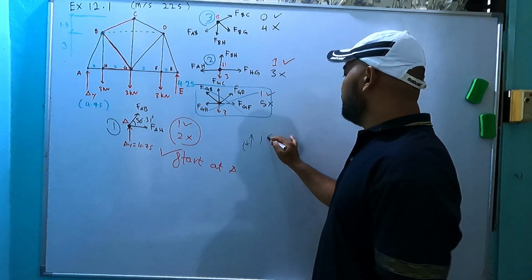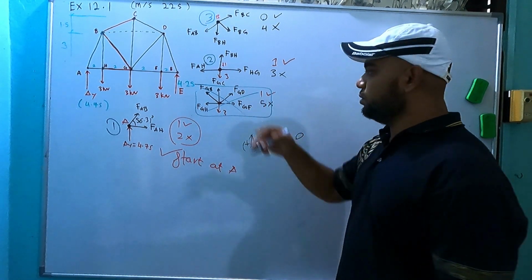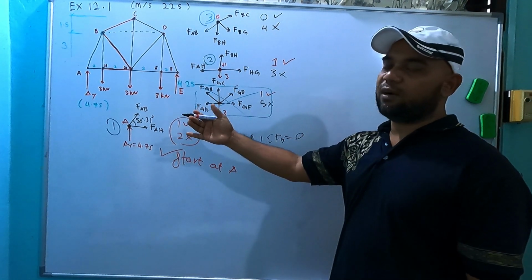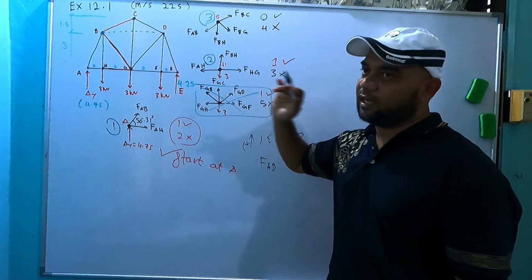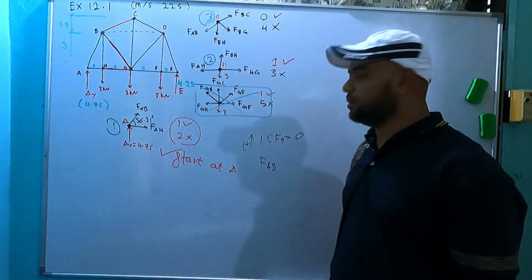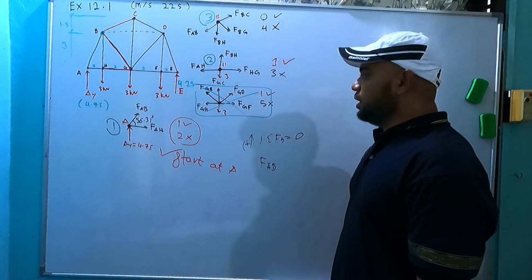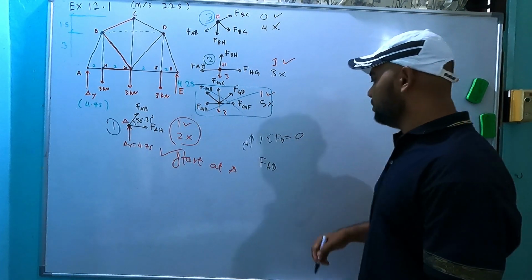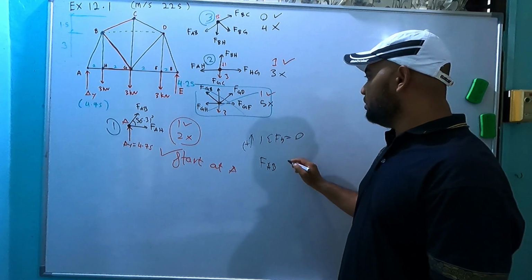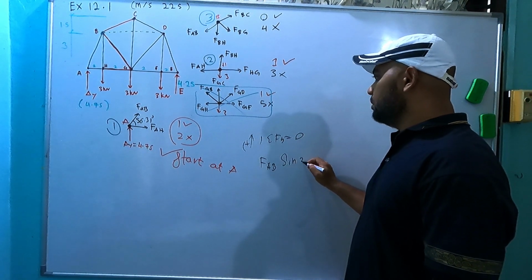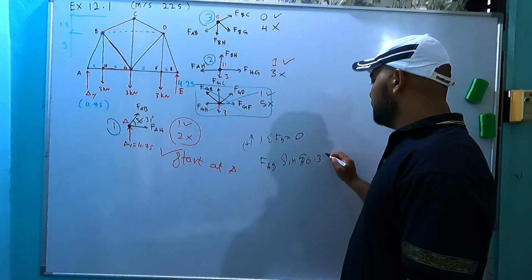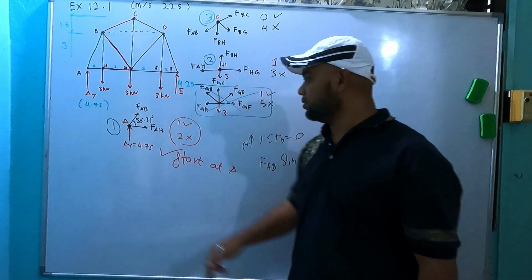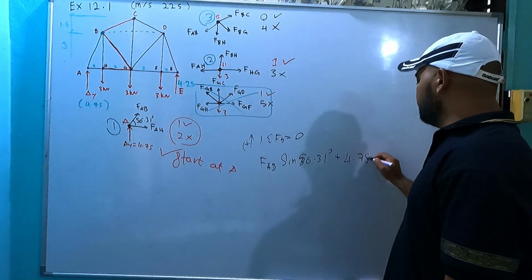Okay, so sigma Fy equal to 0. We start at point A, so FAB. You resolve into X and Y. I will not show directly here because you have already done it more than 100 times, so you are already really familiar with that. So resolve into x and y. So FBy, FB, which is sine 56.31 degrees, plus this is upward, this is also upward, 4.75 equal to 0.